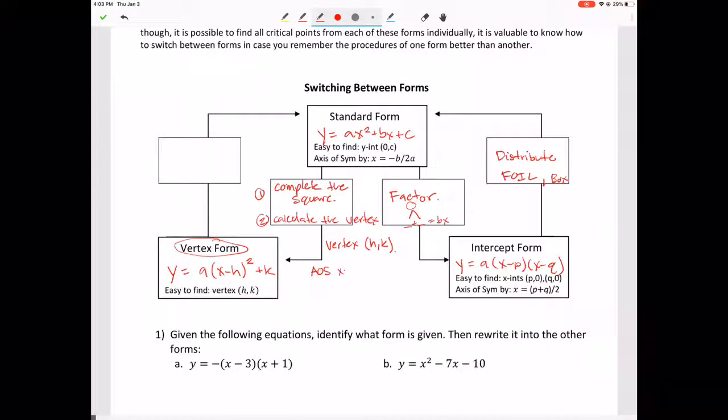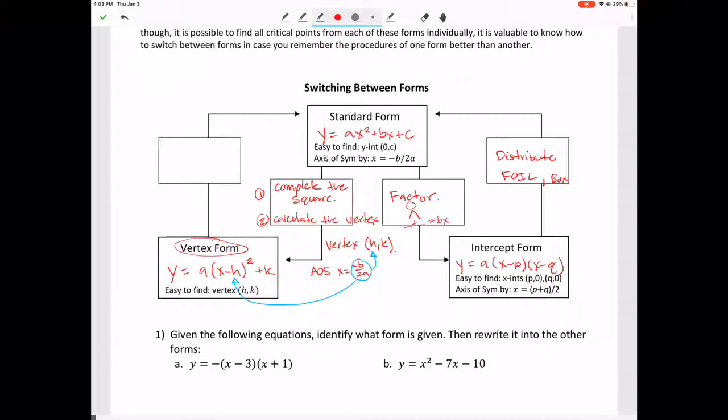Oftentimes we write it as x equals negative b over 2a, and we plug that in for our h, or we could plug it into here. That gives us our h value for our vertex form.